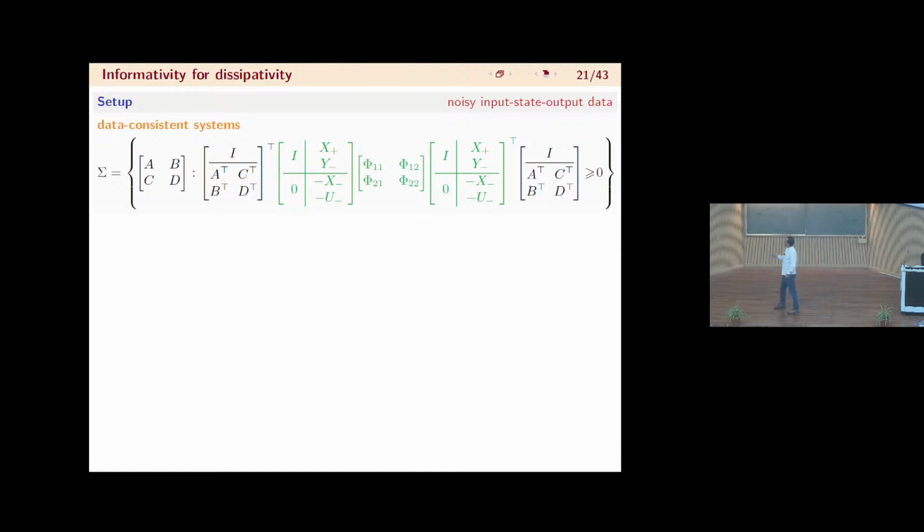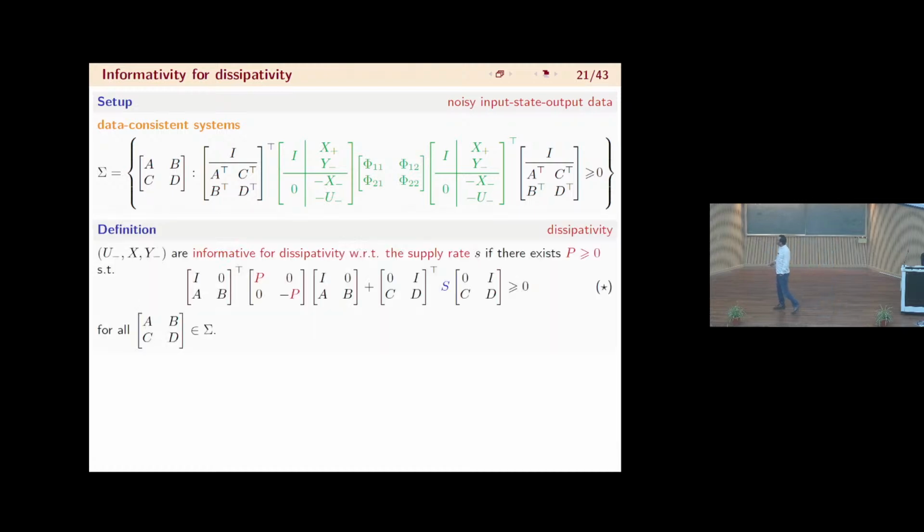So I have these data consistent systems, and at the end of the problem, I want to analyze dissipativity.